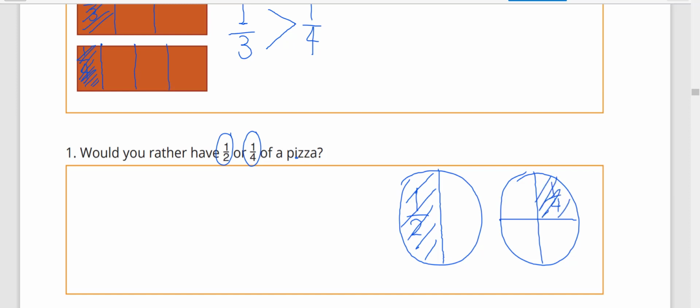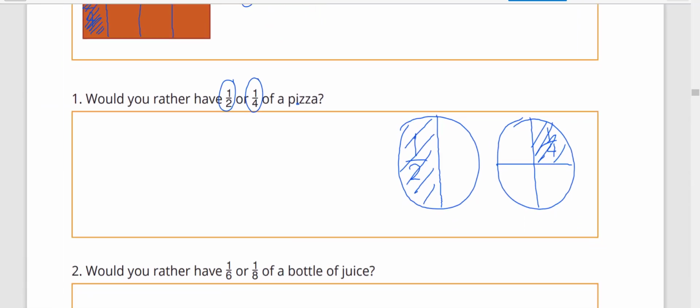So you want to take a big part or a small part. If you want to eat a big part, you will choose fourth or half. By looking, half is more than a fourth, so you will choose half of the pizza.